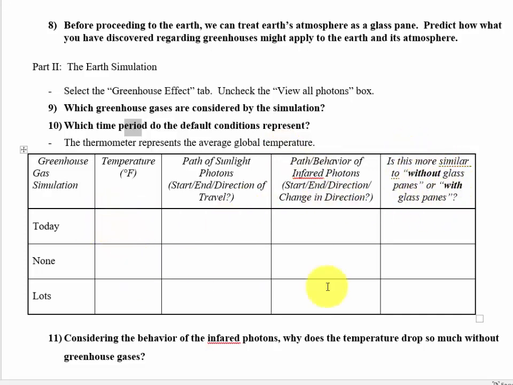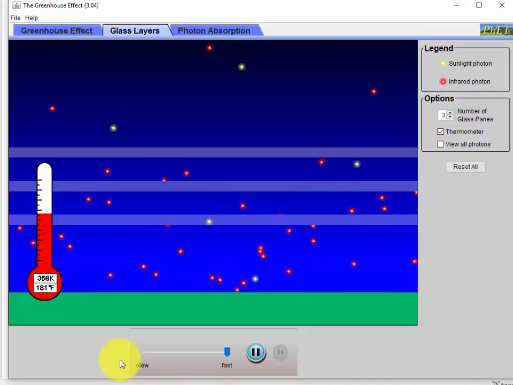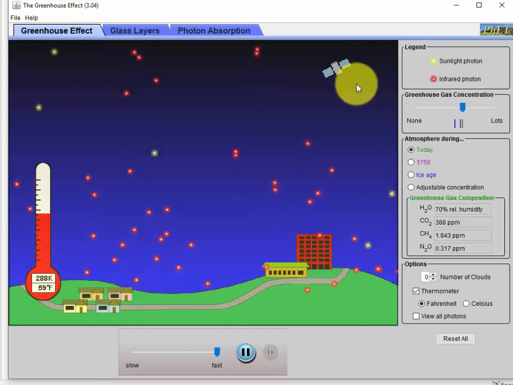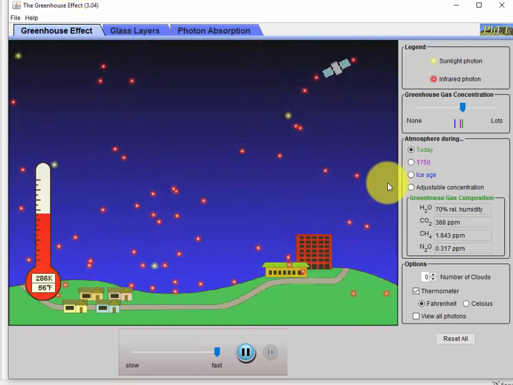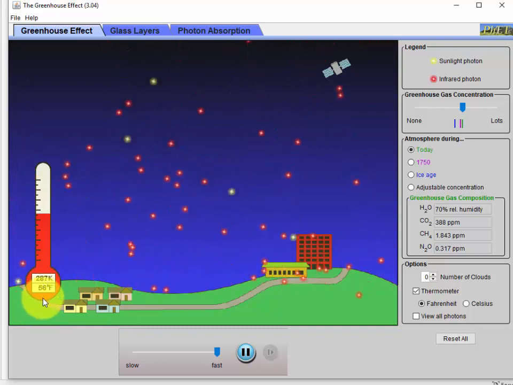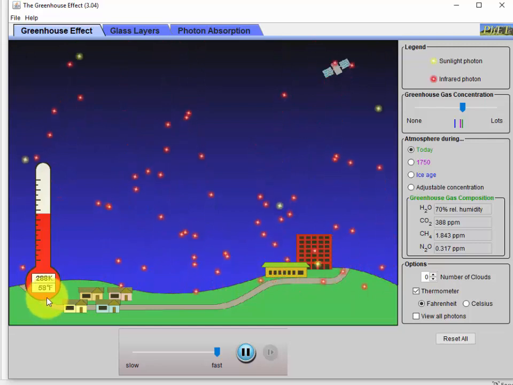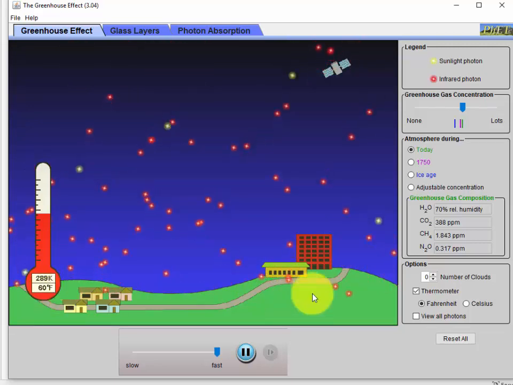Please don't record your temperatures until things have stabilized a little bit, as with the glass tabs. So here we have a couple of different scenarios. Here we have today, and we'll let the temperature stabilize before we make any observations. Seems to be steady right here.